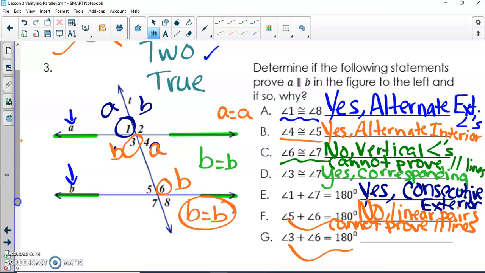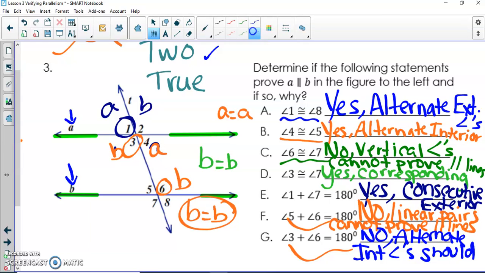If they are not equal, we cannot use them to prove that they are parallel. So, because they are not 180 when I have parallel lines. No, and because they are alternate interior angles, they should be congruent. They should not be 180.